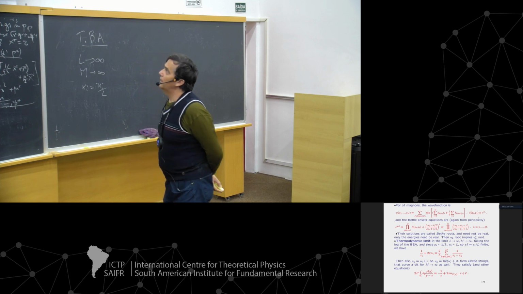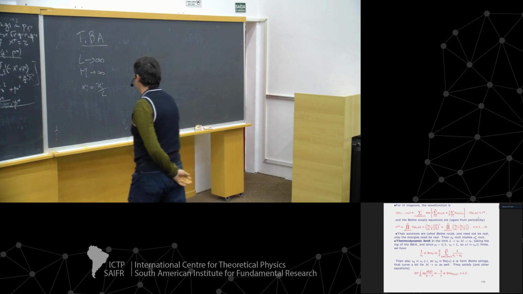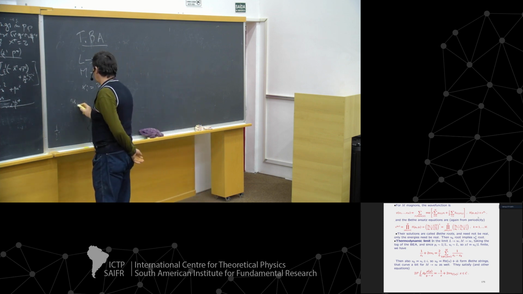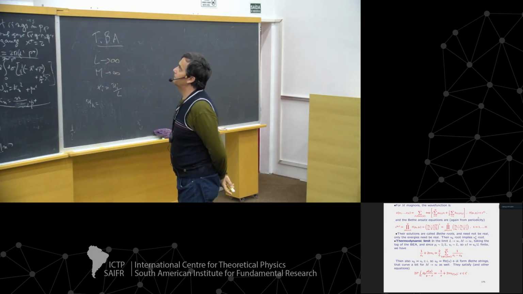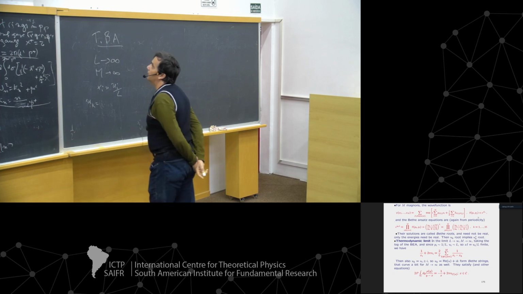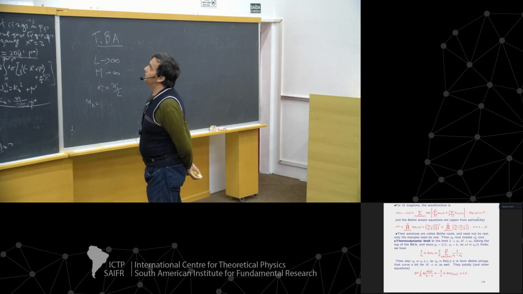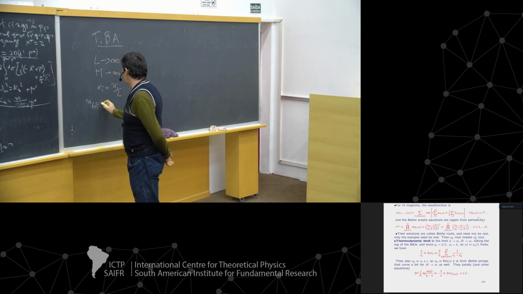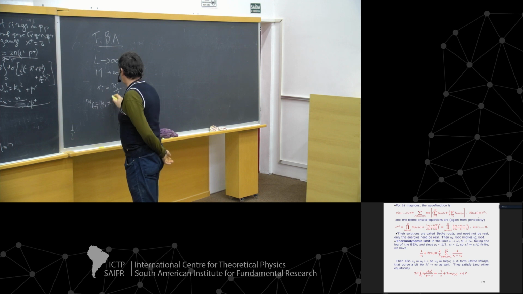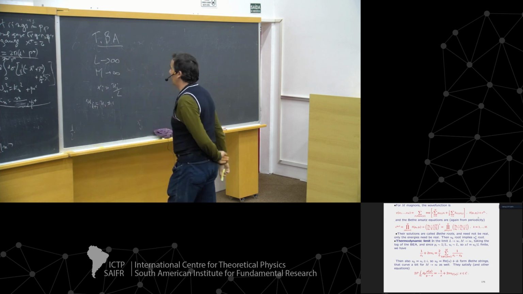And one obtains also that the relation between adjacent Bethe roots is like this. So u_{i+1} is u_i plus or minus i.